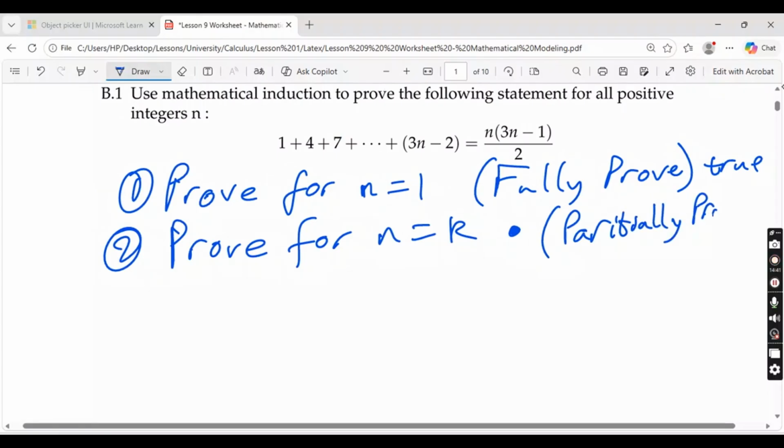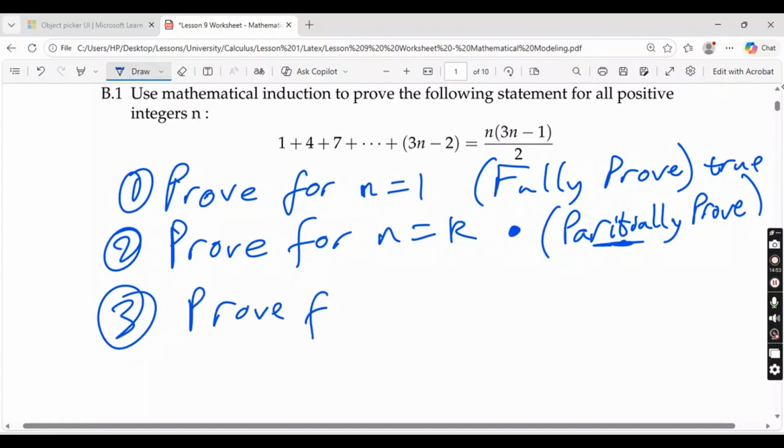Partially prove. Why? Because you are going to use whatever you get when n is equal to k for step 3. So you're going to prove for n is equal to k plus 1, and that's where the partially comes in.